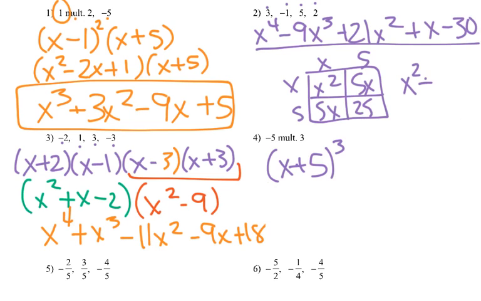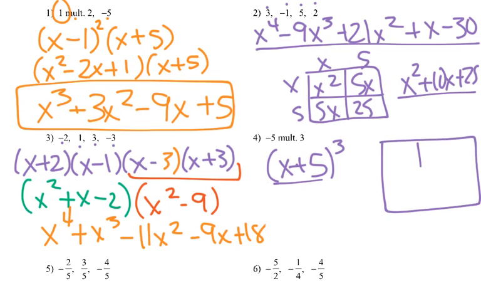This would be x squared plus 10x plus 25. And then I'd multiply that by our last x plus 5, because that would give us x plus 5 cubed. So we're multiplying x plus 5 by x squared, 10x, and 25.